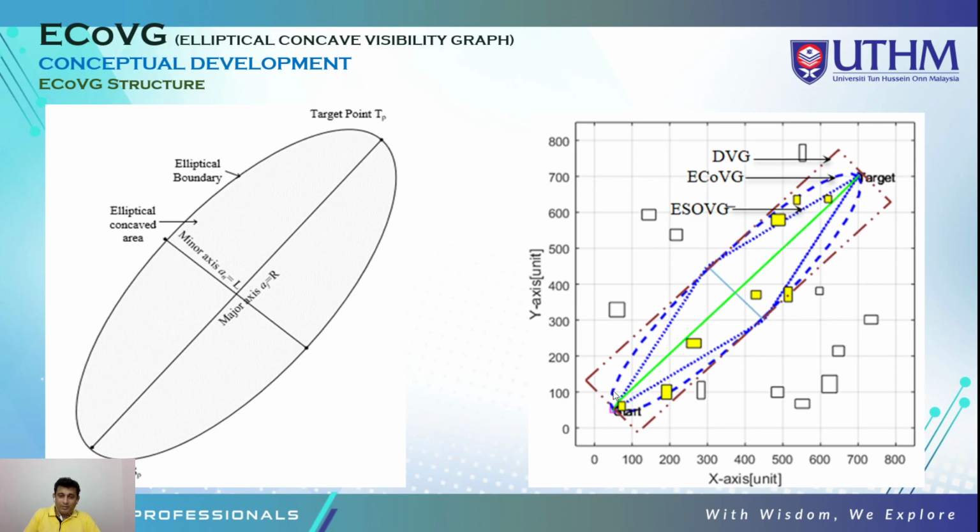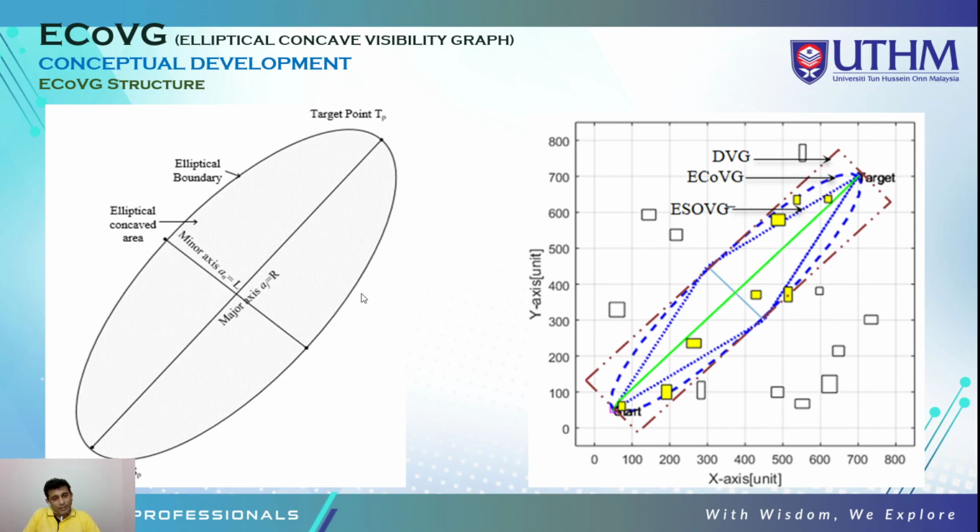is reasonable. So if you see the construction of the EQVG, we first have to fix the starting point and target point, then you divide it in the middle, and this is called the minor axis.